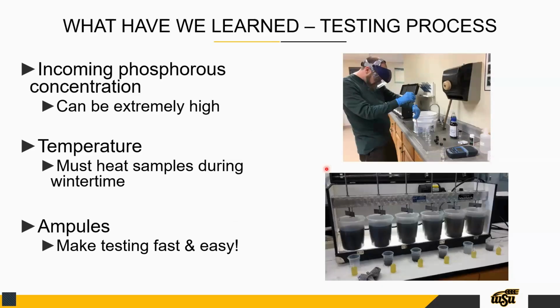So what have we learned here? From the jar testing I did in previous years, incoming phosphorus concentration was part of the work I was doing to estimate the cost of removal. It is a problem in some facilities where what you're getting from the collection system is peaky, it's inconsistent.